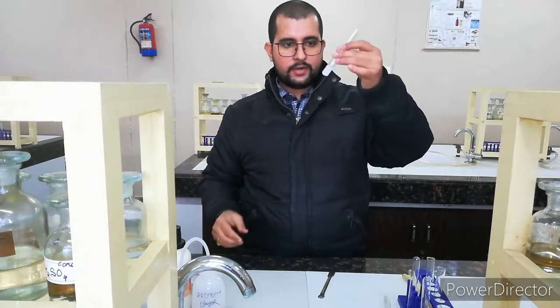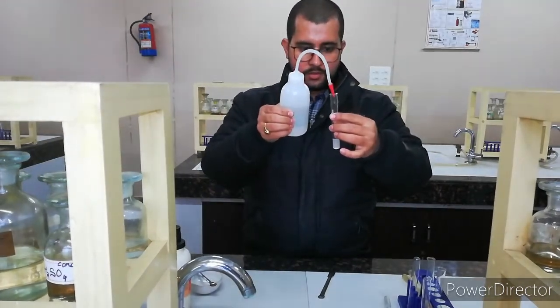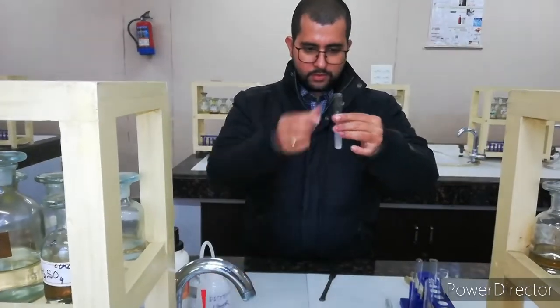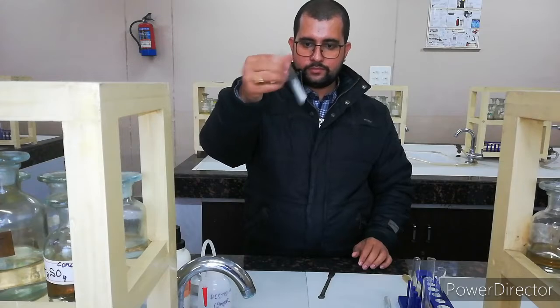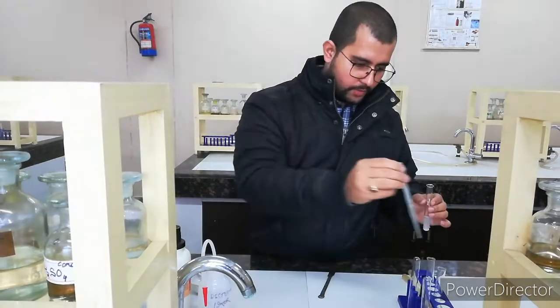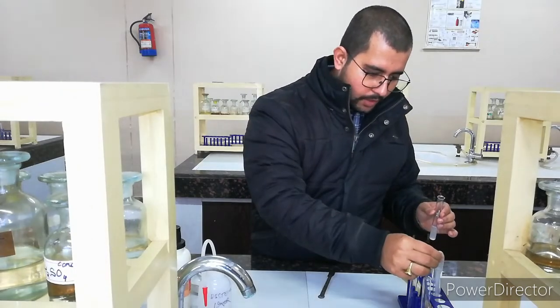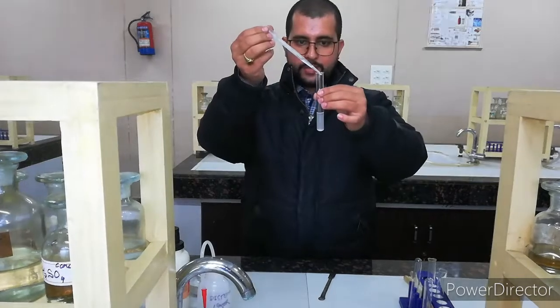Now I am going to add a little bit more water. Yes, now it's almost dissolved. Now we are adding ammonium hydroxide, drop by drop. Let's see what will happen.